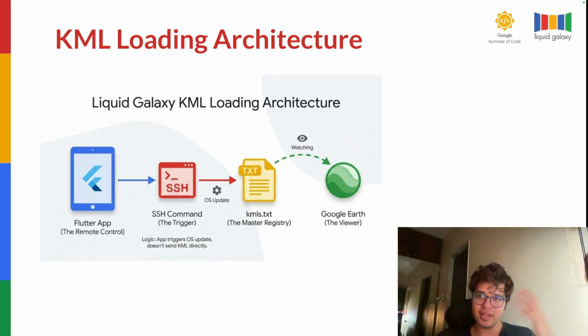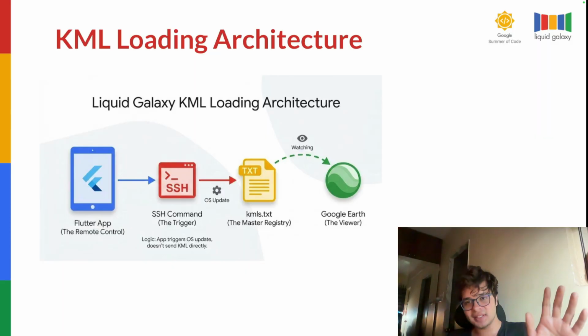And Google Earth on the other end continuously watches this particular file, kmls.txt, using a refresh mechanism called network link. So whenever the content of kmls.txt changes, Google Earth fetches that referenced KML file from the master node's web server, and then it renders on different screens, right?